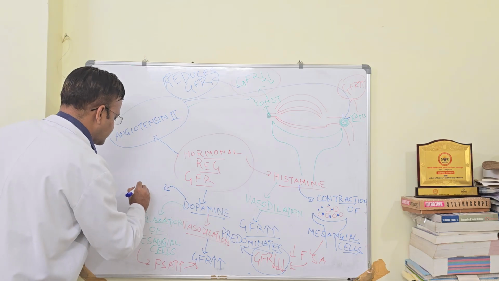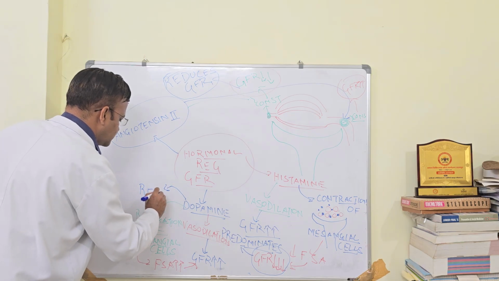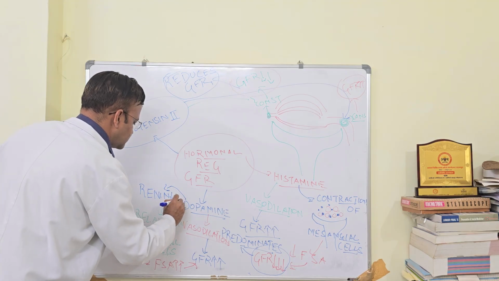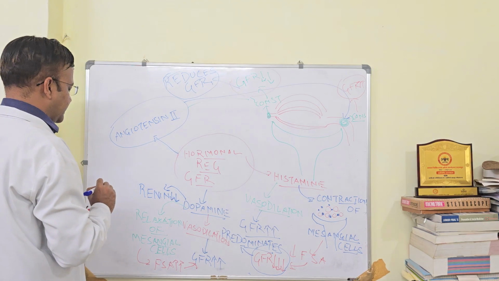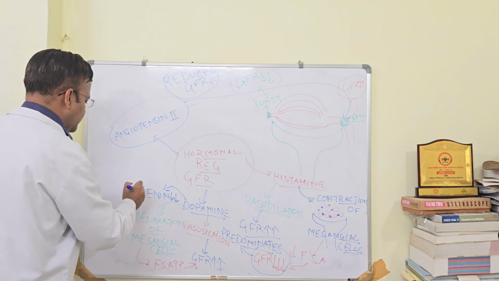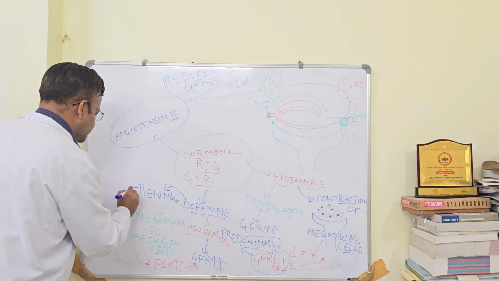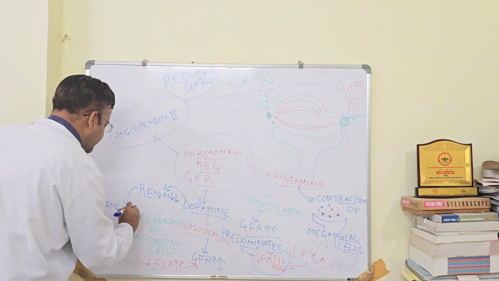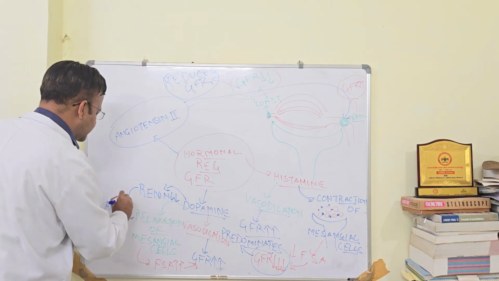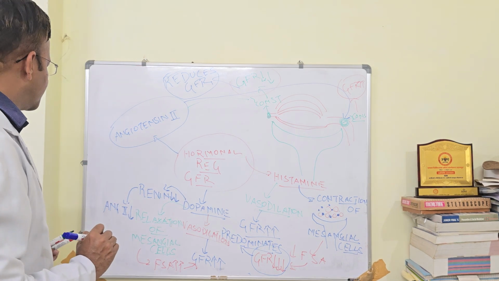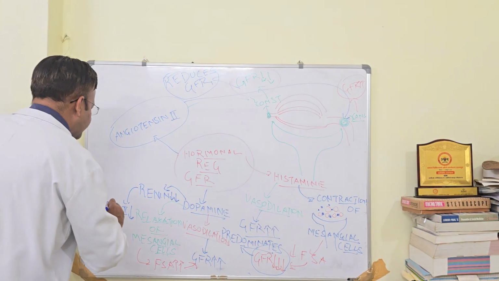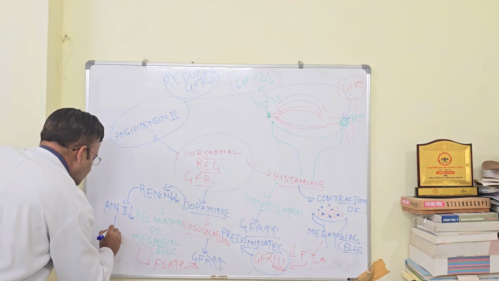Right? The level of renin decreases, right? If the level of renin decreases, so obvious, the level of angiotensin 2, I'll write it short form, ANG2, will decrease. If level of renin decreases, the level of angiotensin 2 is going to decrease, and if the level of angiotensin 2 decreases, right, then what we are going to see?